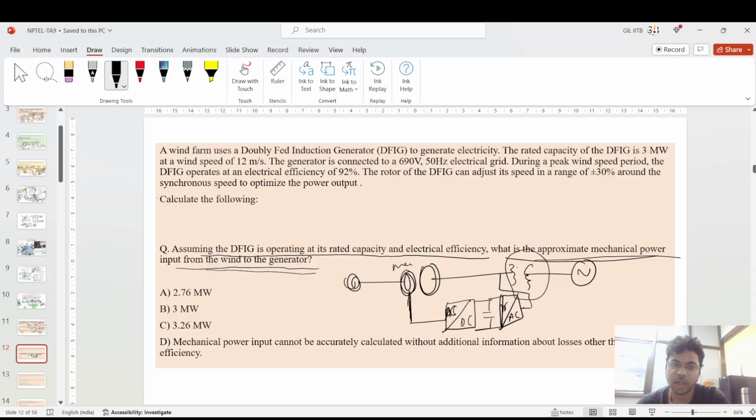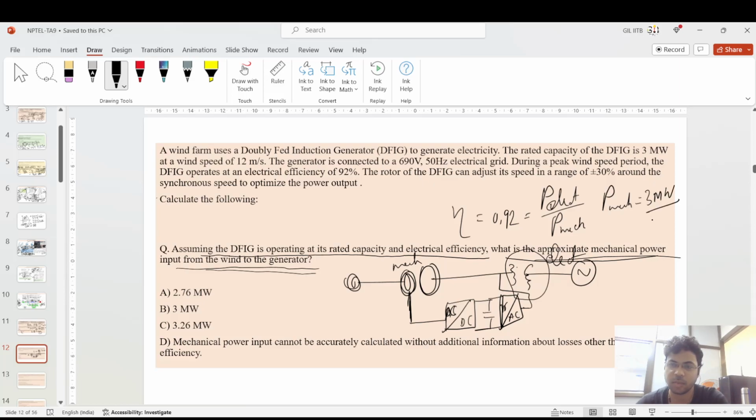The same concept: there are certain efficiencies involved from the mechanical side and certain efficiencies from the electrical side. So the efficiency is given as 0.92, that is P electrical output divided by P mechanical input. So what is the P mechanical input?